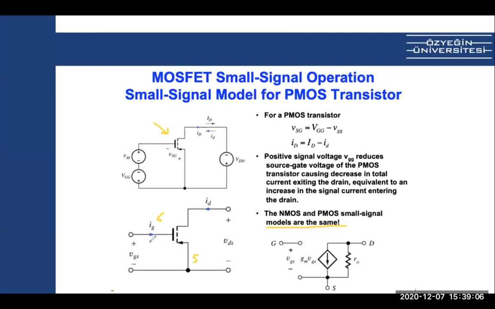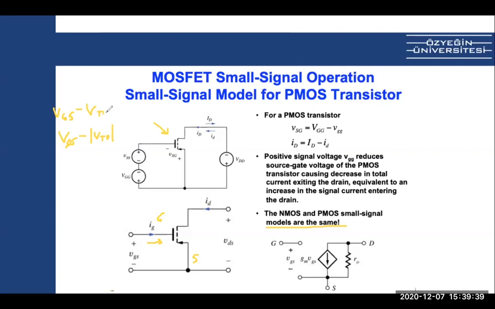The current is flowing this way, and the locations of the pins are actually interchanged. What I mean by interchanged is that in an NMOS, you care about VGS minus VT. In a PMOS, you care about VSG minus VT of the PMOS.